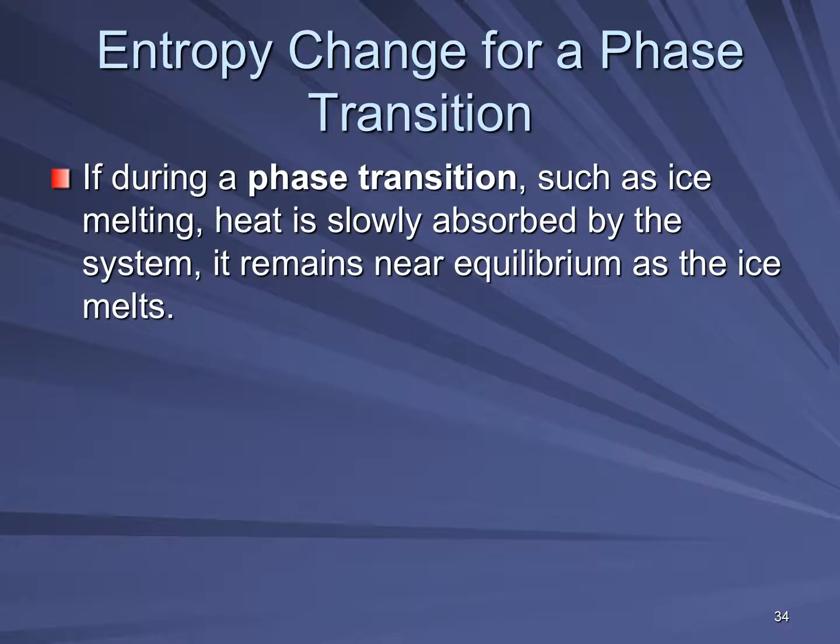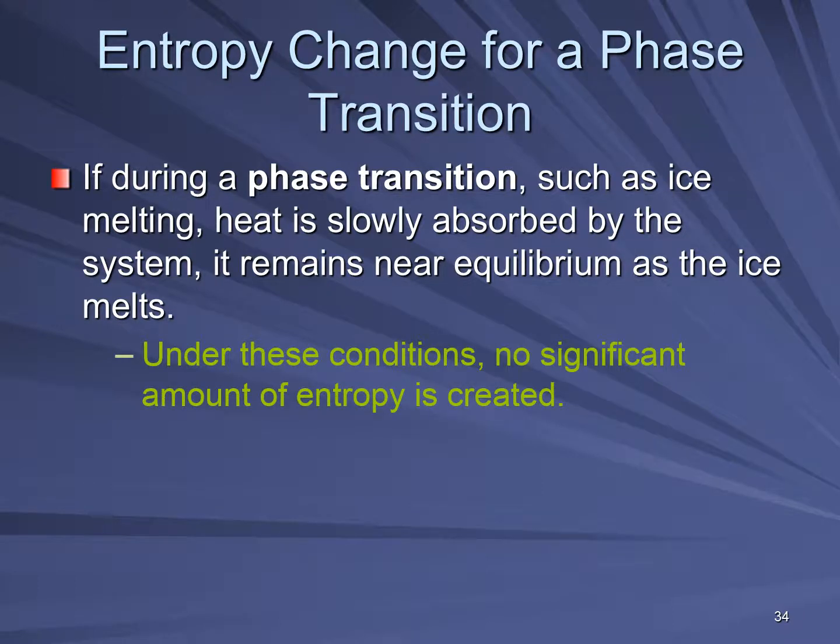If you have a phase transition, this is the closest that we get to a reversible process. In a phase transition such as ice melting, heat is slowly absorbed by the system, and so it remains very near equilibrium, and so this is considered a reversible process. Under these conditions, entropy is not created.